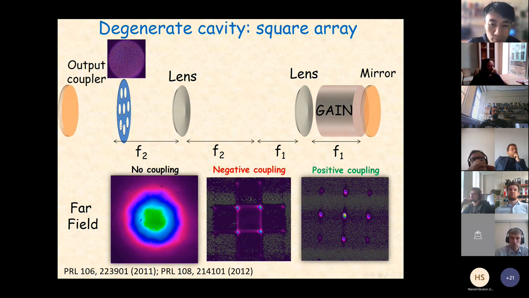I have to calculate the length difference between going in a straight line and going in a triangular line. If this phase difference is pi, I have negative coupling, pi phase between the two fields. And if it's 2 pi, which is like 0, I have in-phase coupling.